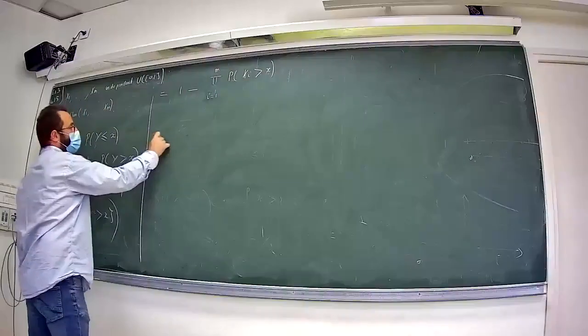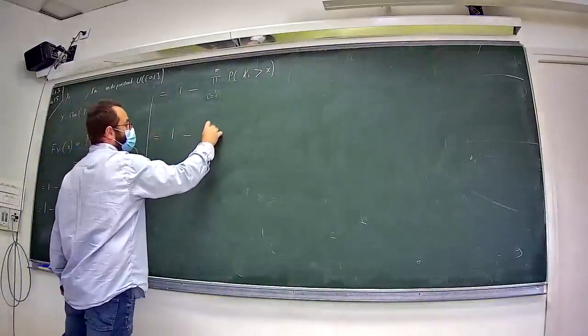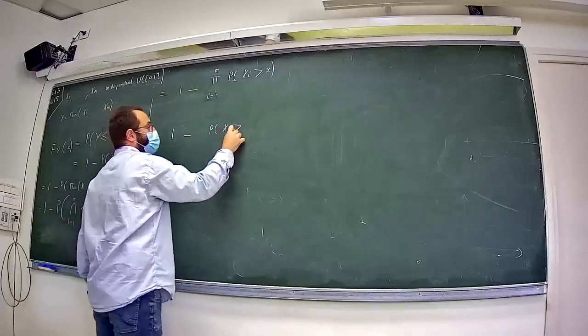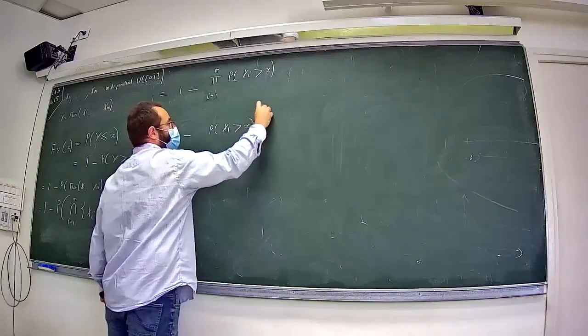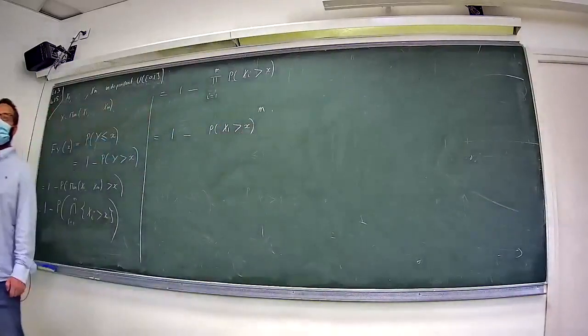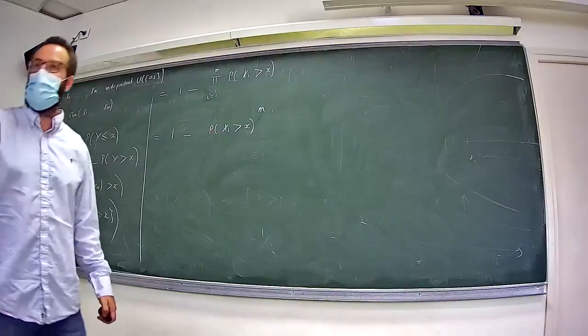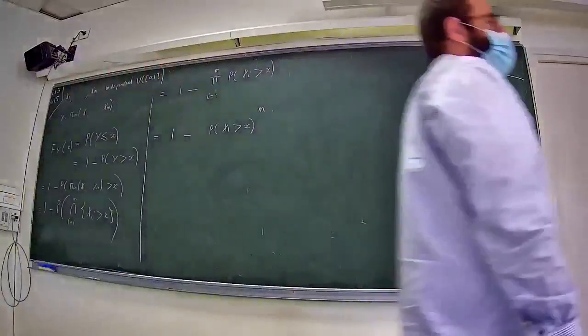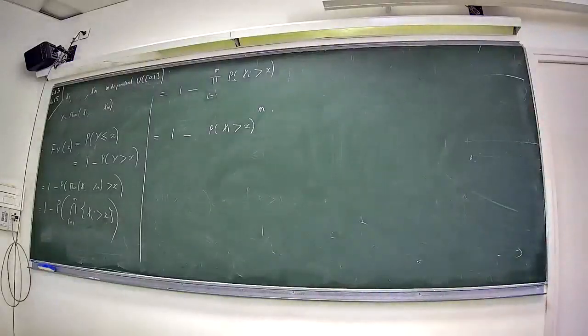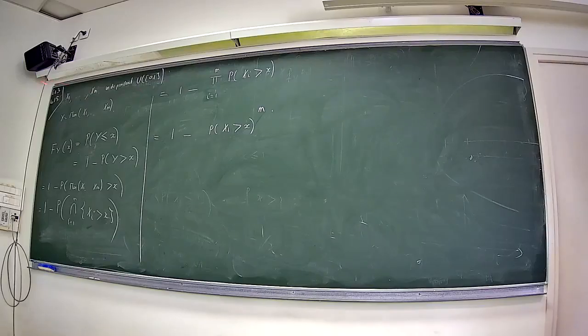So I can write this as 1 minus the probability that X1 is strictly greater than x, to the power n, because all these terms are equal to the probability that X1 is strictly greater than x. And now the idea is to use the fact that X1 follows the uniform on the interval 0, 1. I don't know exactly what this probability is, but I know the distribution function.